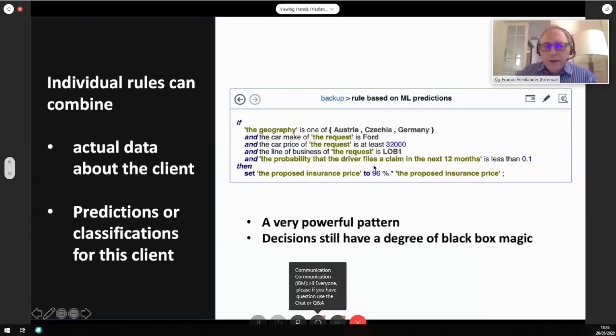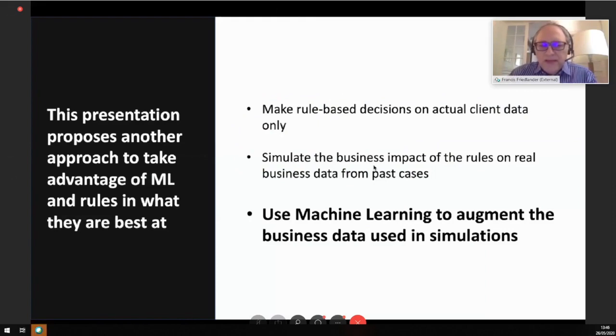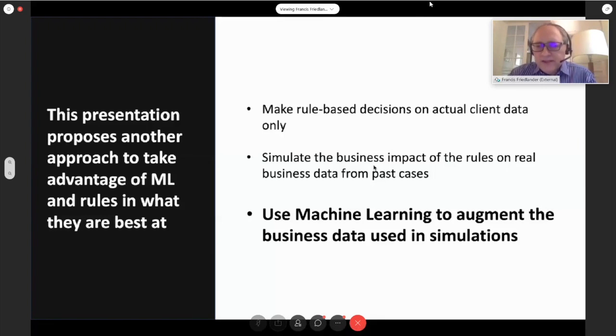But there is another approach, which I'm going to propose today, which is to take advantage of machine learning and business rules in the following way. You make rule-based decisions based on criteria which are really factual, right? It's not things you are predicting, it's things you know about the client.